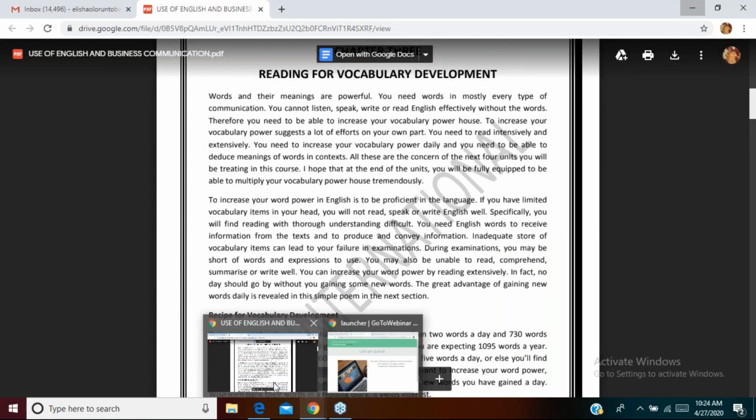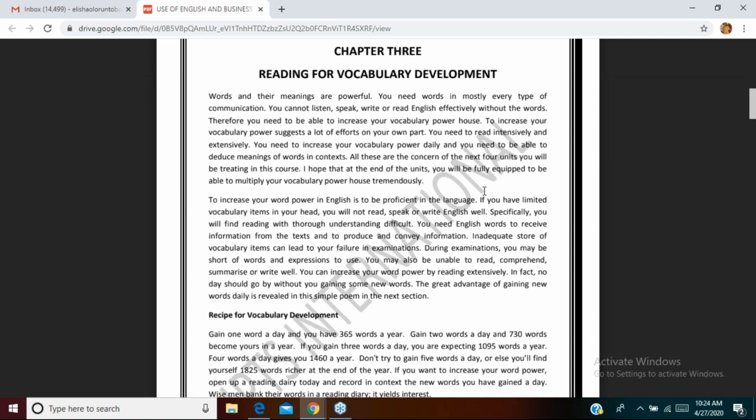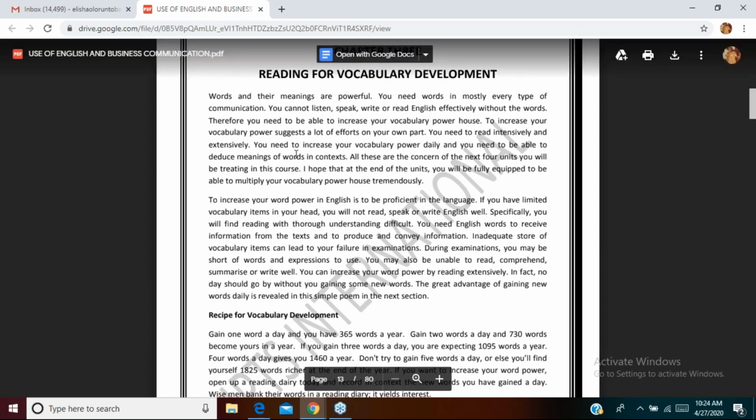So, we are looking at the use of English, and we're going to continue quickly from reading for vocabulary development.